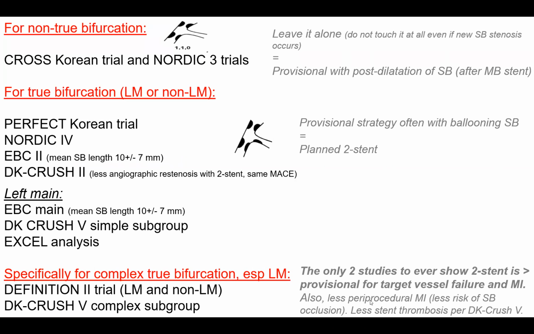In those, actually, two-stent strategy has less peri-procedural MI, probably because you get less risk of acute side branch occlusion. They also had less long-term MACE, including less stent thrombosis in the DK Crush complex subgroup, which focused on left main.